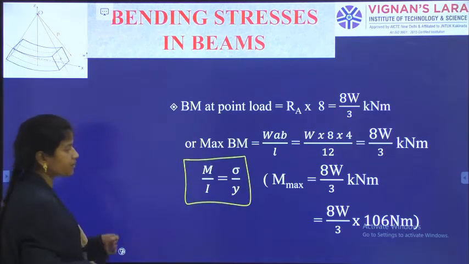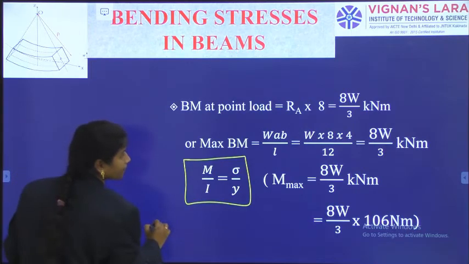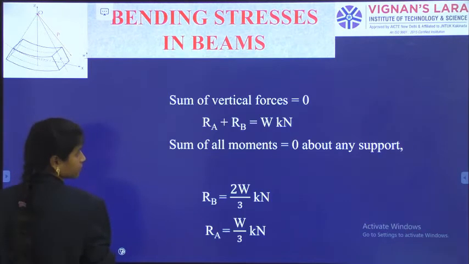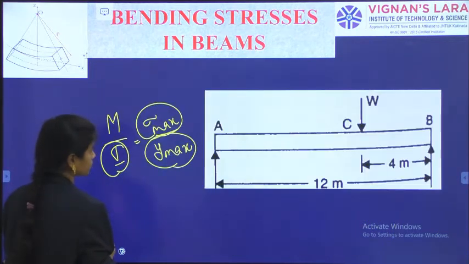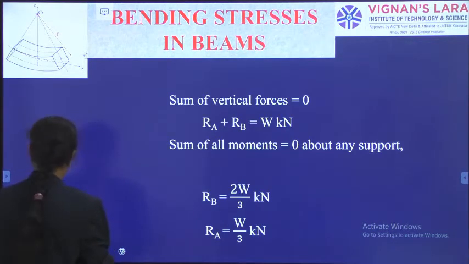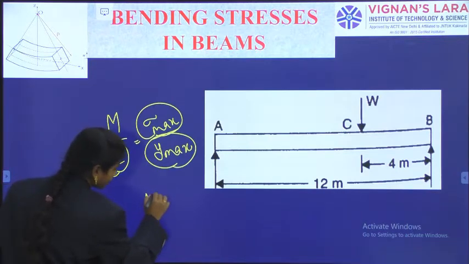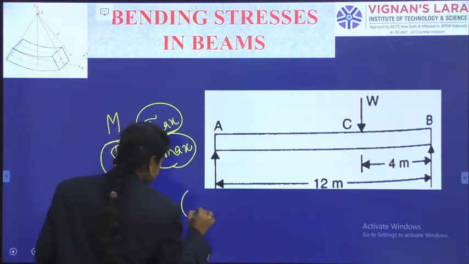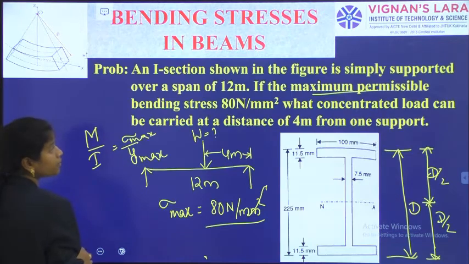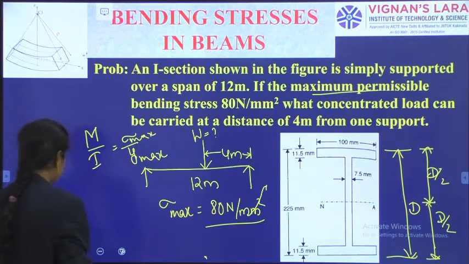From this problem, I can say capital M, the maximum moment generated, is equal to sigma max by y max into I. How much have they given in the problem? 80 Newton per mm square.